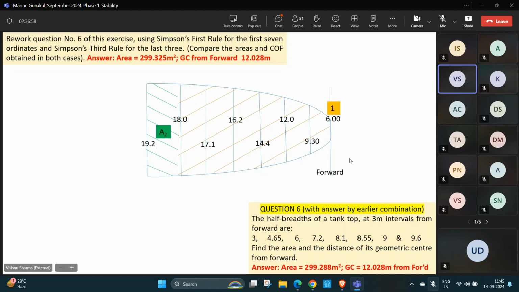He wants to divide them into this area, correct? A1, this is A1, and that is A2, correct, beta? Yes or no? Right, class? Yes sir.